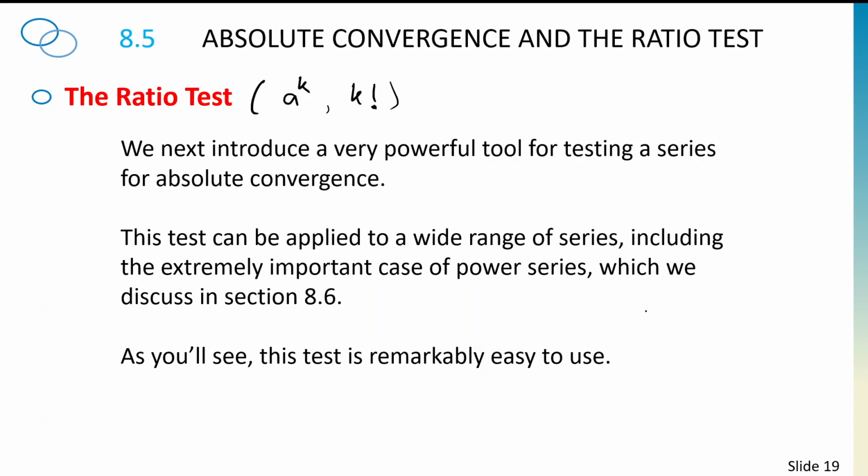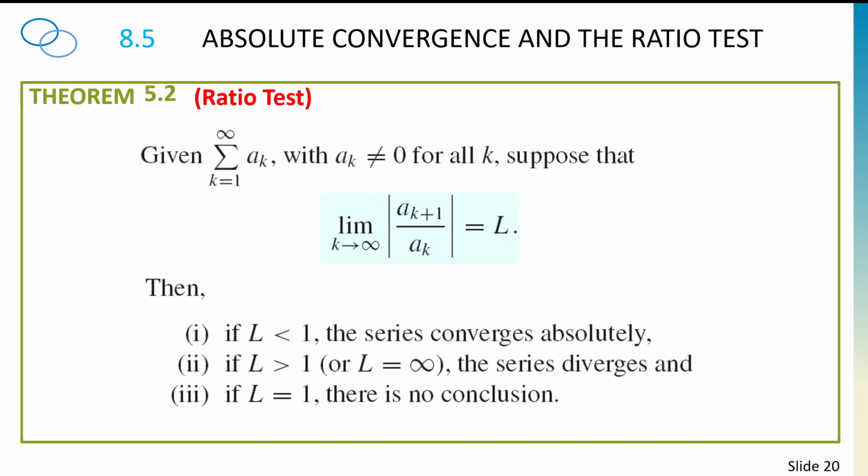Okay, what does the ratio test say? The ratio test says that if you have the sum of ak, and you divide ak plus 1 over ak, just like the one we use for increasing and decreasing, with the absolute value, and you take the limit as k approaches infinity.